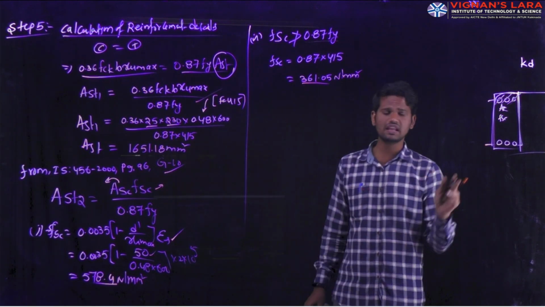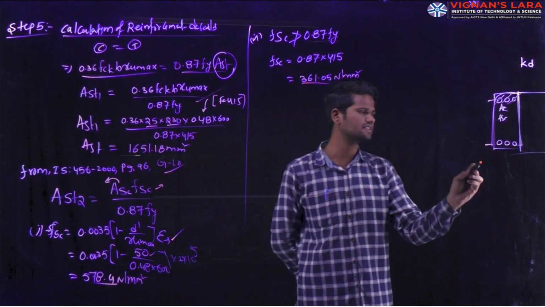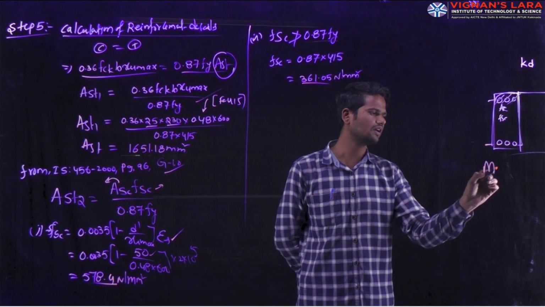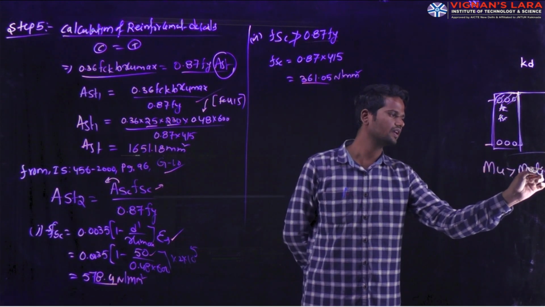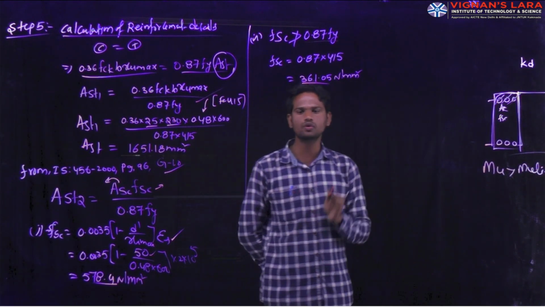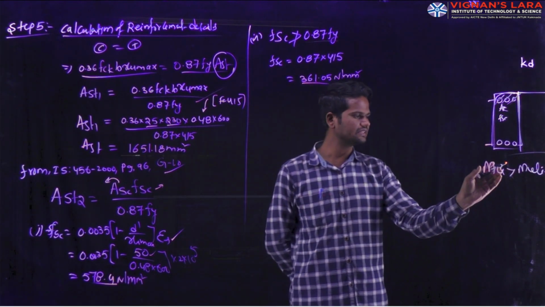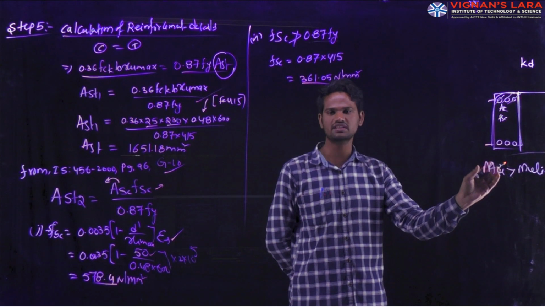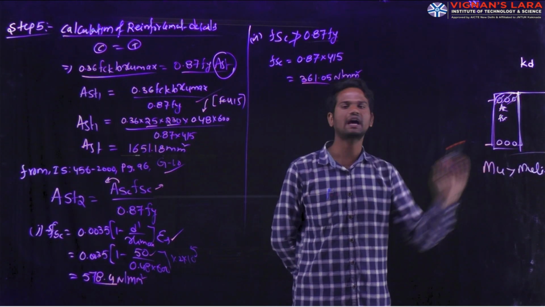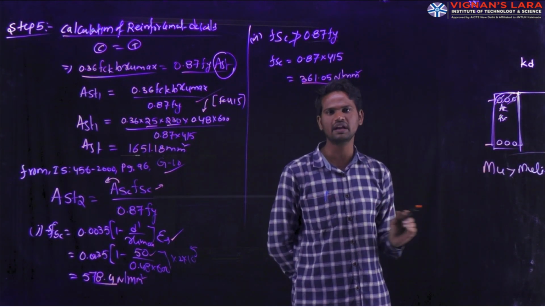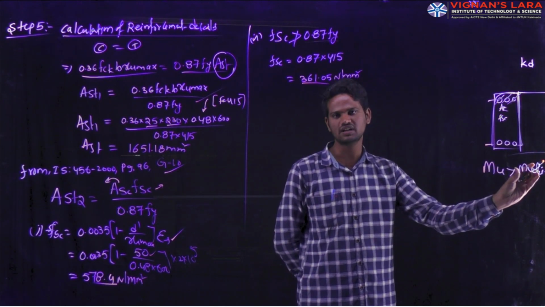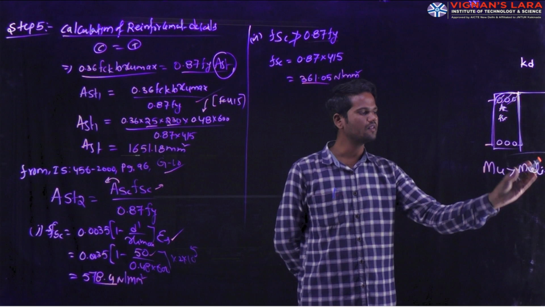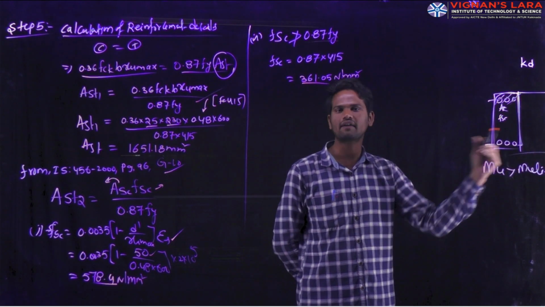In our present condition, in the previous discussion, we have seen that Mu is greater than Mu limit. To resist this additional load, we have to calculate some additional reinforcement. Because of this additional moment beyond the limiting moment of the section, we are having some more moment.